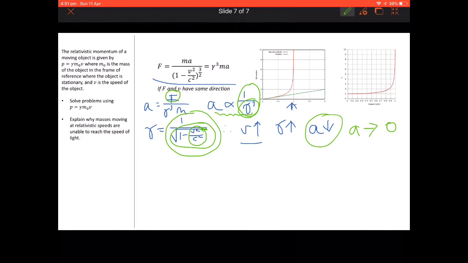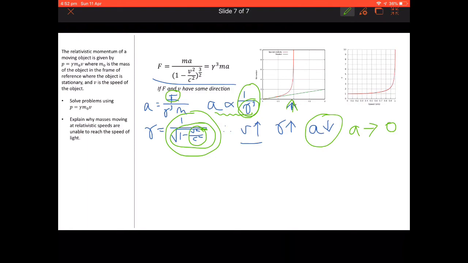Another way of stating this is that force can't accelerate a particle beyond the speed of light because momentum, as I touched on just before, has already become infinitely large as speed reaches c.